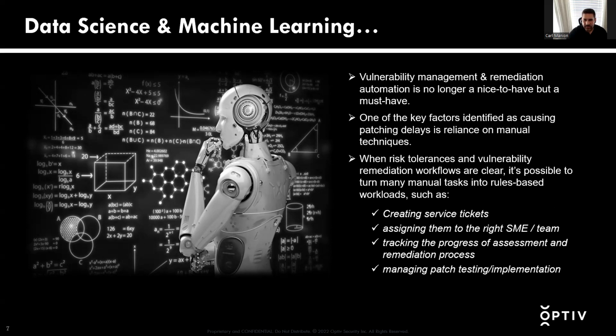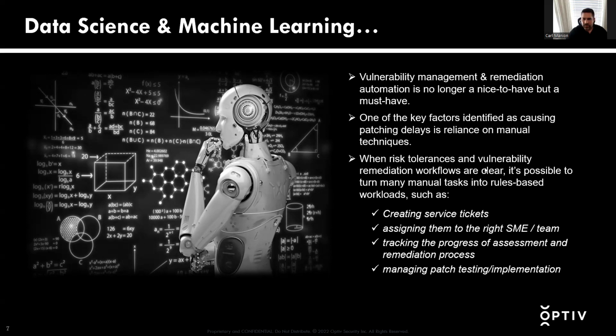Smaller organizations can maybe get away with it for a while, but even they run into situations where I've seen small organizations with only 15 or 20 applications with 40, 50,000 vulnerabilities. And so trying to process that many vulnerabilities manually is just not very practical. So looking at ways to improve upon that is definitely critical.